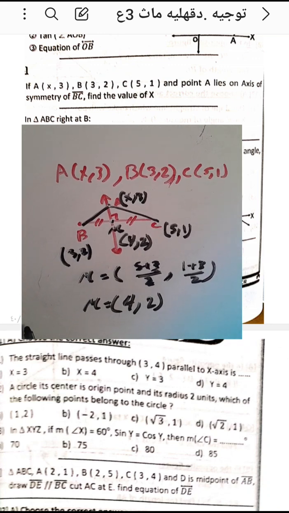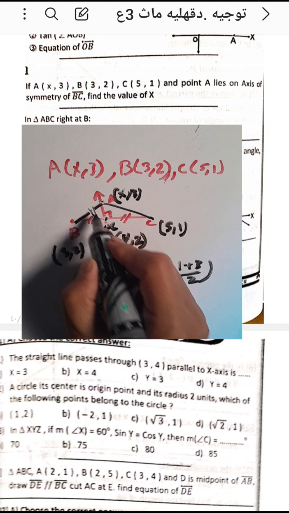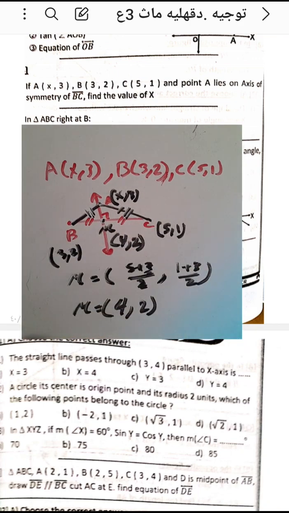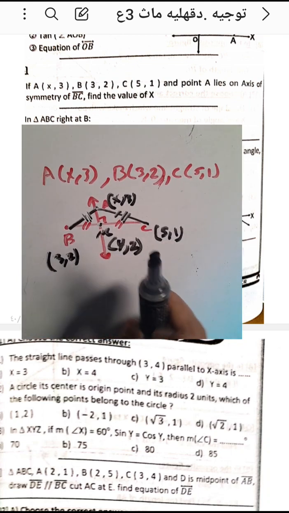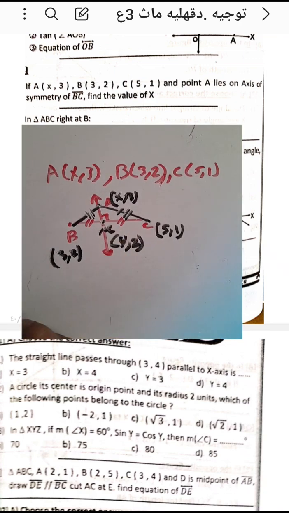Okay. And then we can find the value of x. How? We know the distance AB will be equal to the distance AC. We don't need M here. We need M when we want to find the equation of AM, or the equation of the straight line of symmetry. But in this example, we want to find x only.